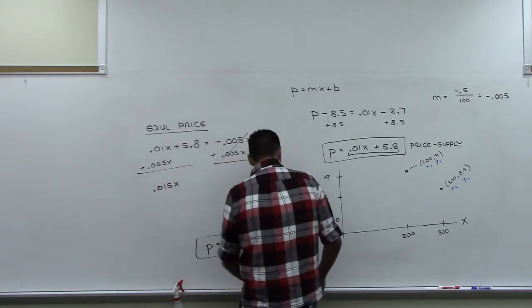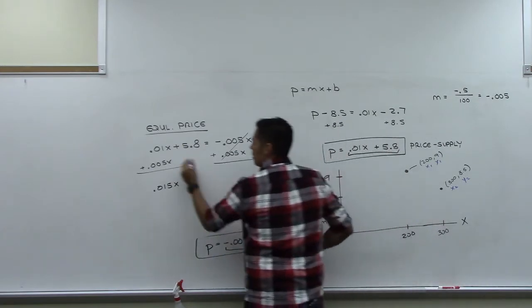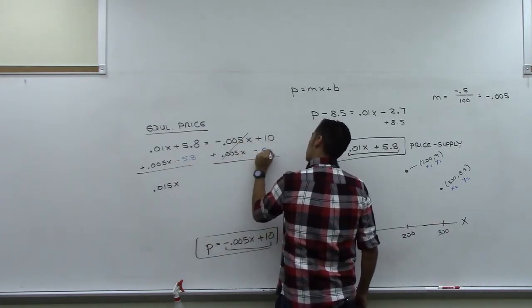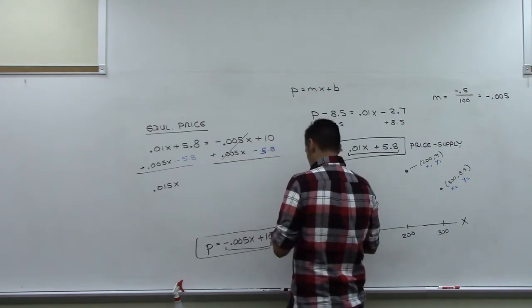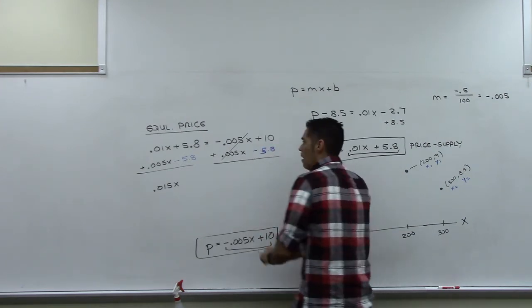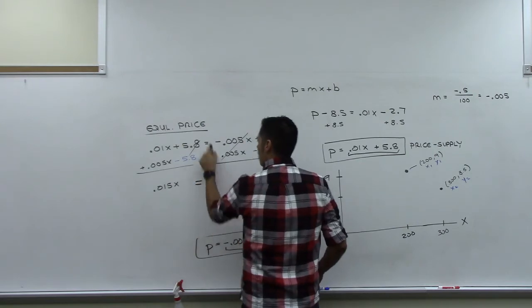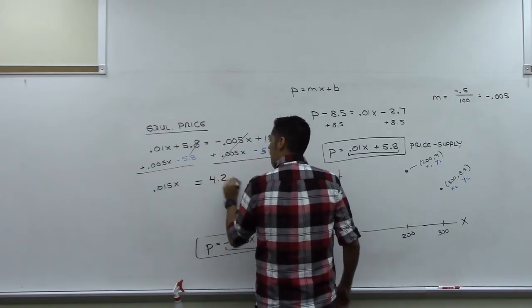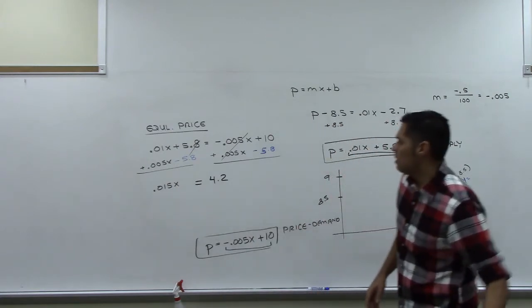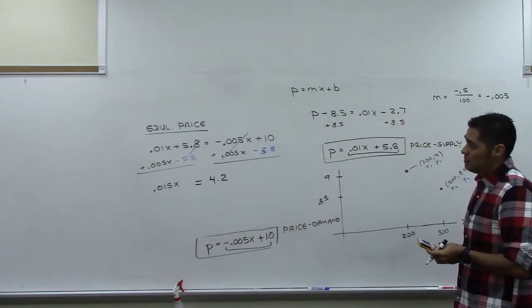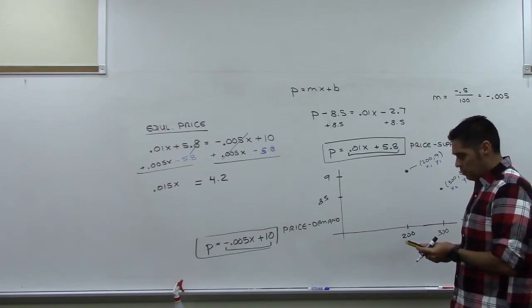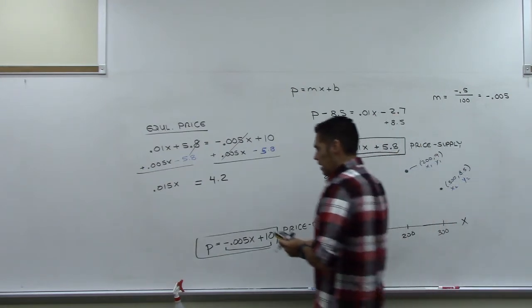And then while we're doing that, let's subtract 5.8 on this side. It'll go away over here and we'll get equals, right? Equals 4.2. And then finally to get x, I'm going to divide both sides by 0.015. So 4.2 divided by 0.015, and I get 280.